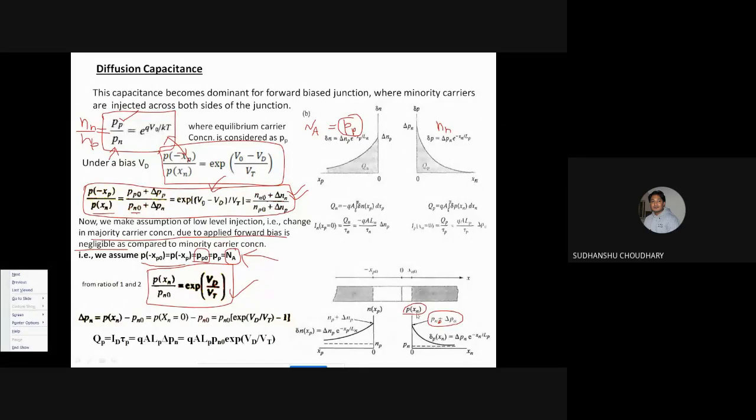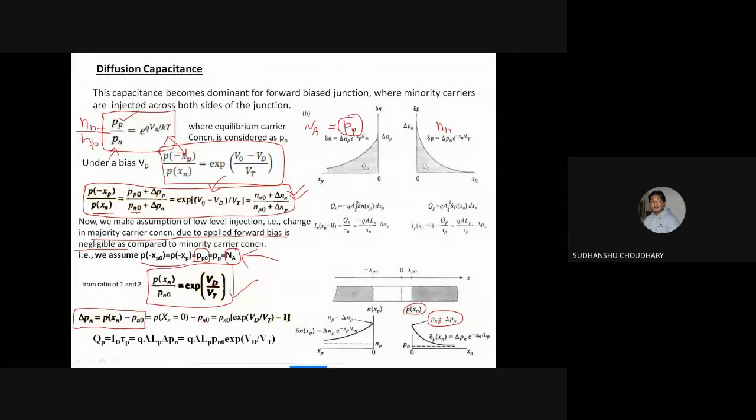So delta Pn is equal to Pxn minus Pn, which is what we have written here. Pn or Pn0, both represent equilibrium value of holes in n-type. Now Pxn can be replaced by Pn0 multiplied by e to the power Vd by Vt.